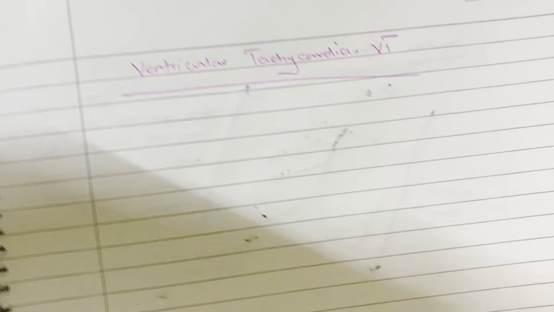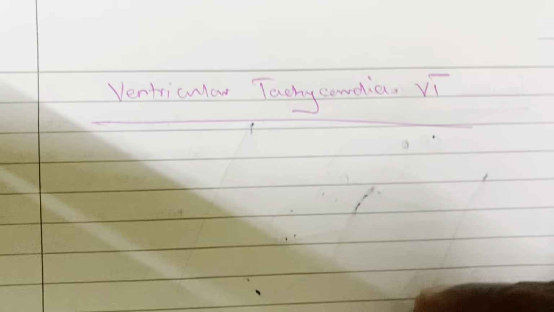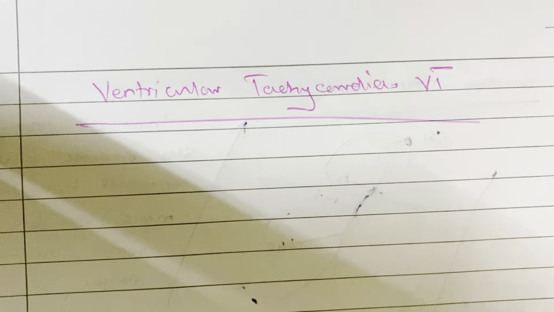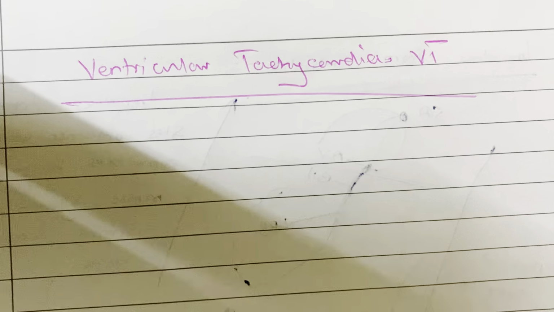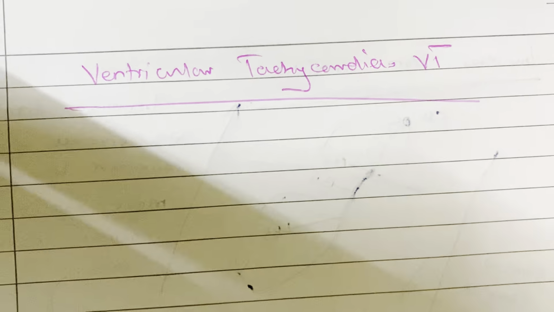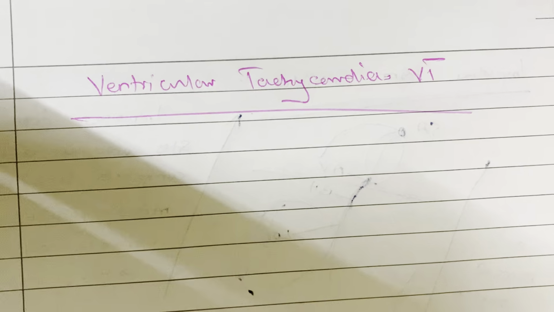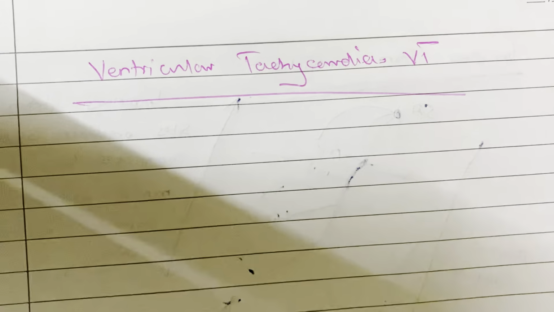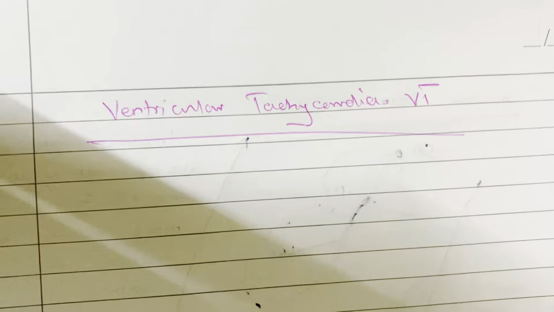What is ventricular tachycardia? We have already said the impulses are from the ventricles. That is one thing. It is a wide complex tachycardia. Now, what is the heart rate? We know above 100 is a tachycardia. So wide complex, heart rate above 100, a possible thing can be a VT.